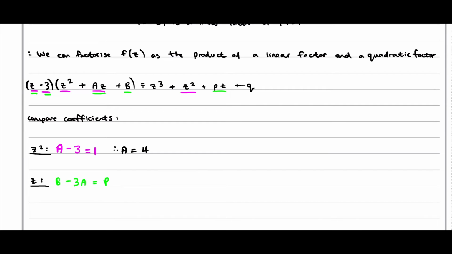We know that a is equal to 4, so we have b minus 3 times by 4, which is 12. This is equal to p. We can therefore conclude b is equal to p plus 12. Okay, so a is equal to 4, so 3 times by 4, that's minus 12. So therefore b is equal to p plus 12.